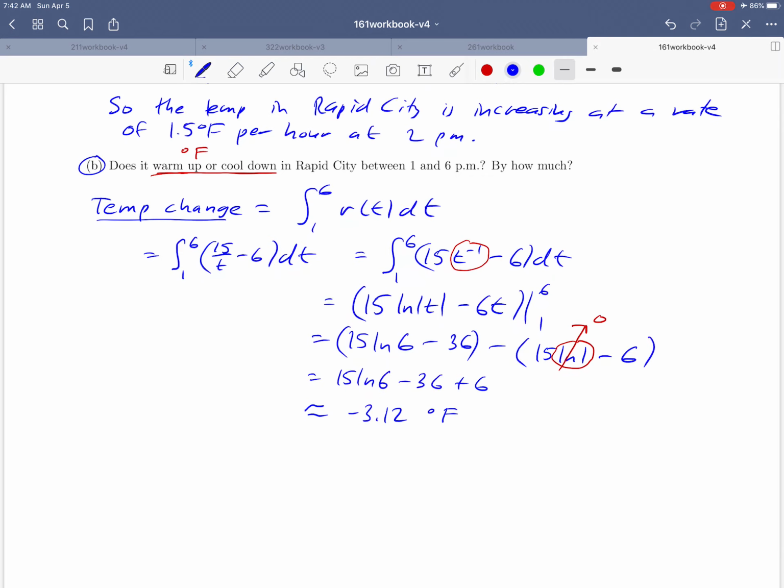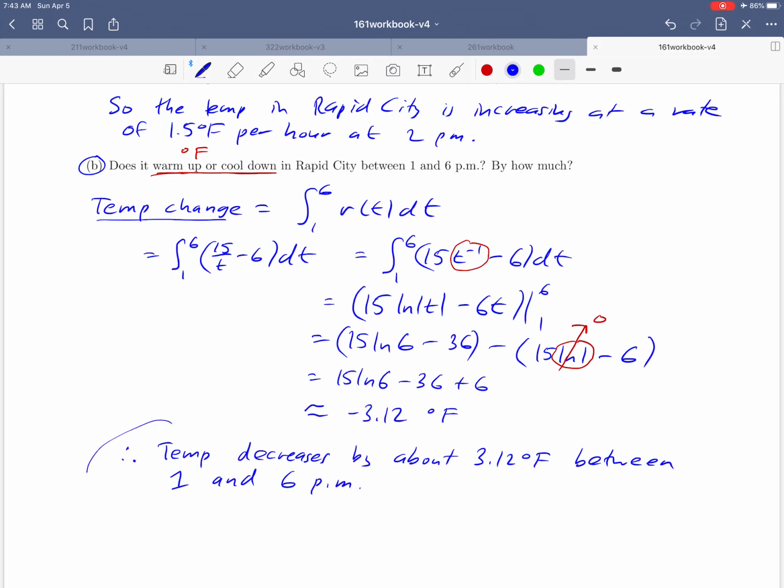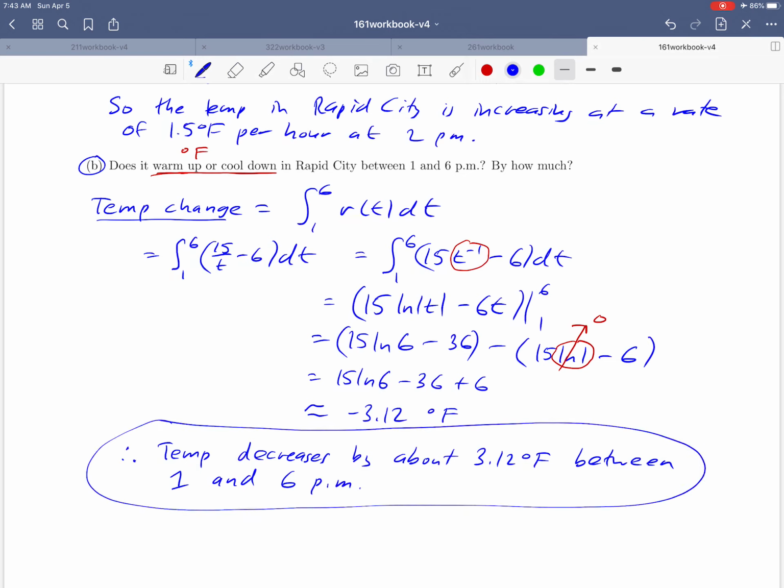We got a negative temperature change, so that means we cooled down by about 3.12 degrees Fahrenheit between t equals 1 and 6, which would be between 1 and 6 p.m. I think we have finished this problem.